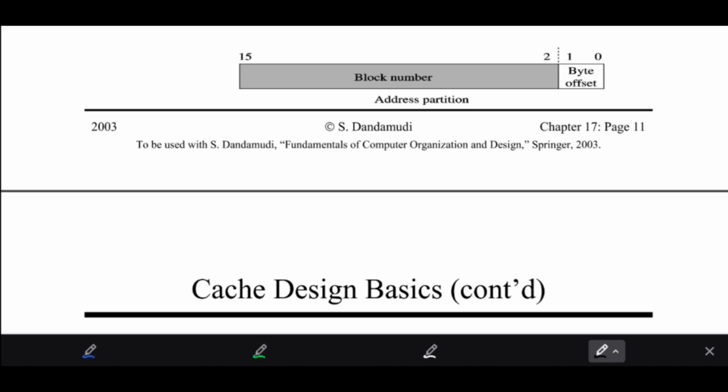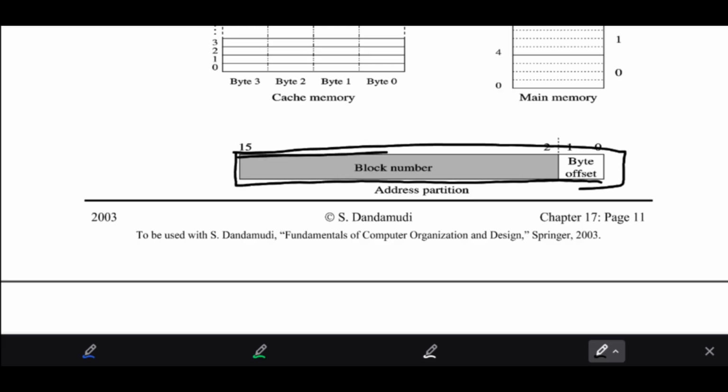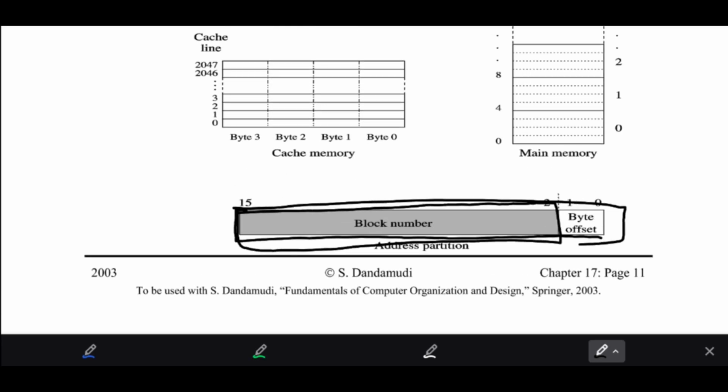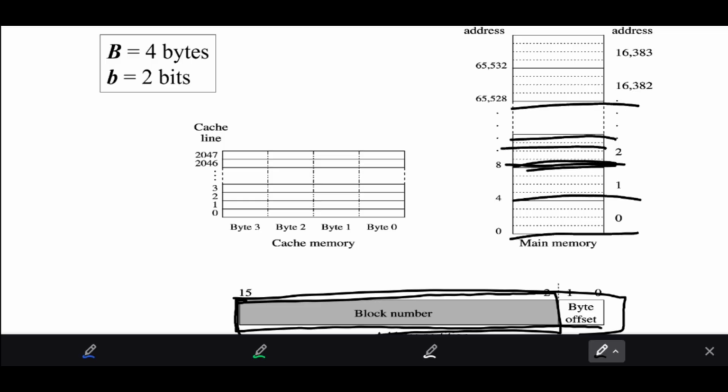Clearer? Then here is how the address partition occurs. Here is our block number, which block number our CPU is searching. These are the block numbers: 8, 4, 0, 65,528.